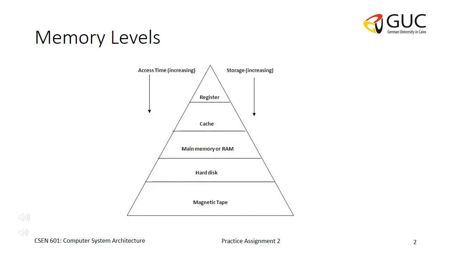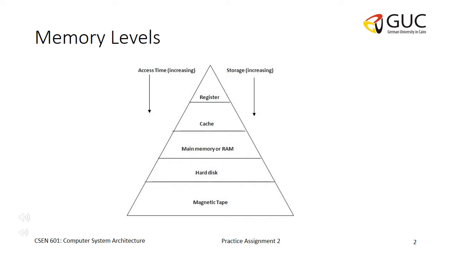We'll discuss here memory hierarchy. So we have different levels of memory: hard disk, main memory, cache, registers, which differ in size, speed, and price. So we will start with the registers, which are the fastest, because they are made of very fast transistors.